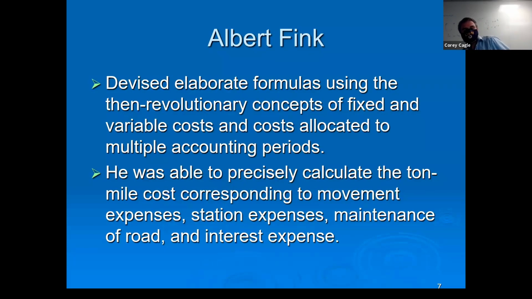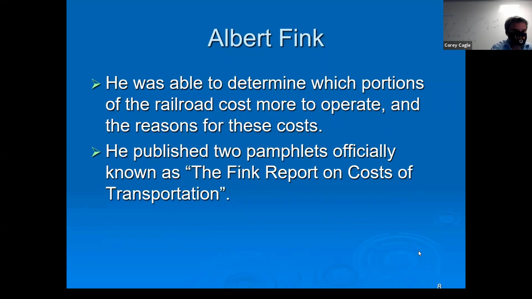He could calculate with good precision the ton-mile cost of moving on certain parts of the track and of sitting idle in the station. He found that portions of track with uphills cost more to run on, and he calculated how much it would cost to run certain runs. Good cost information, right? Two pamphlets, the Fink report on cost of transportation.